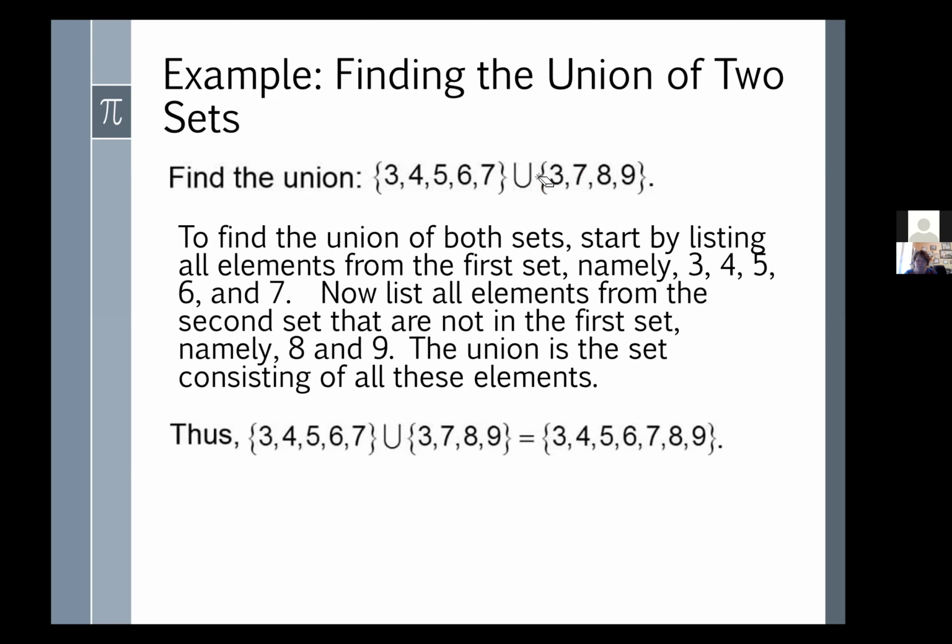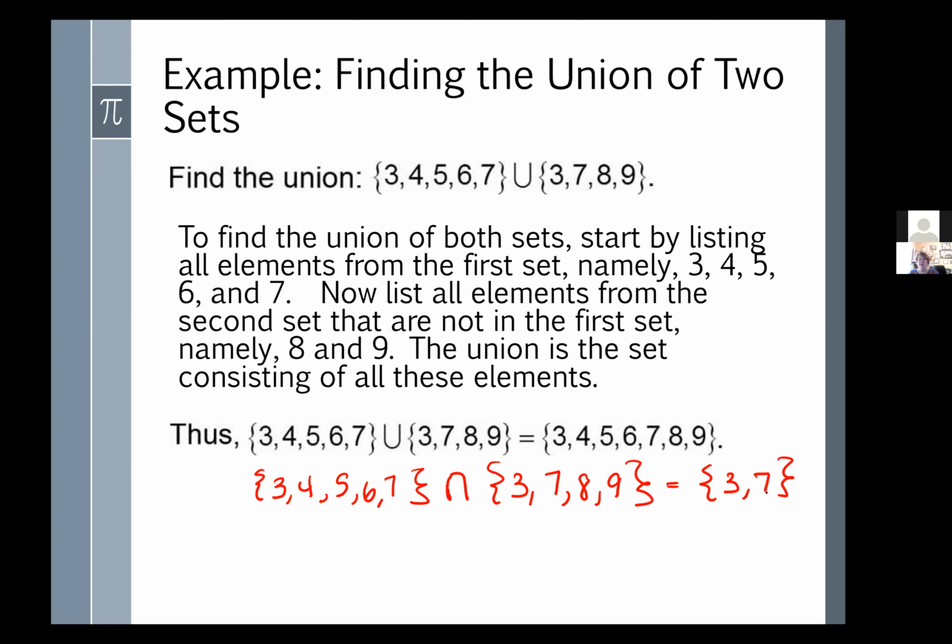Let's list the intersection again. So again, if it's an element in the union, then it's an element in one or the other set.